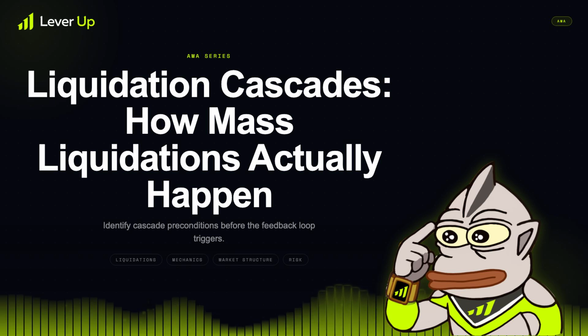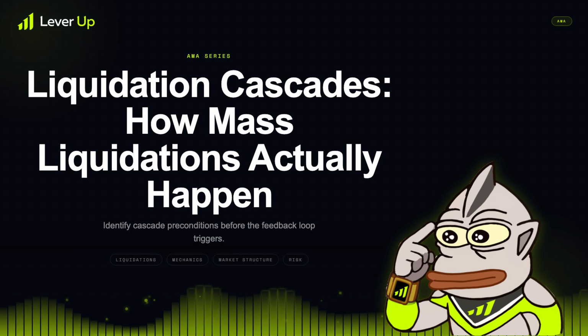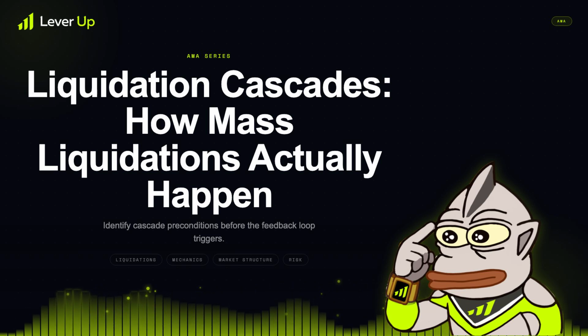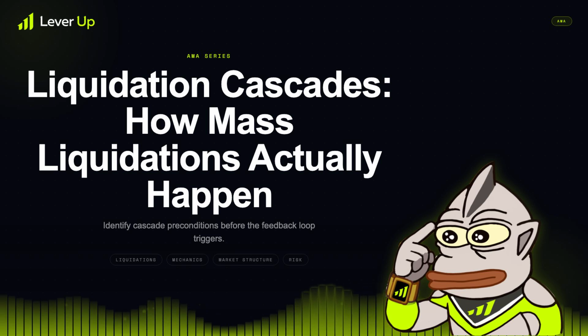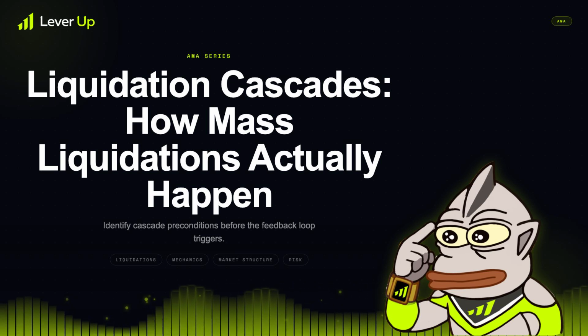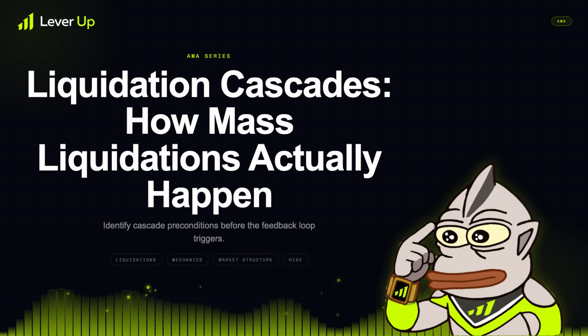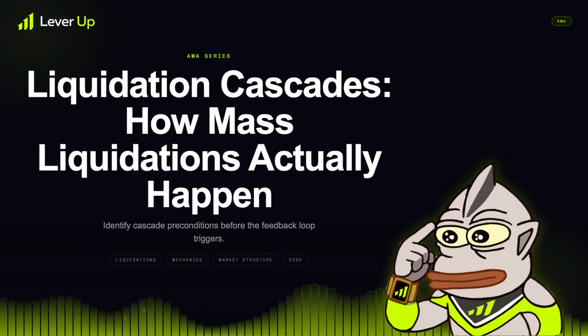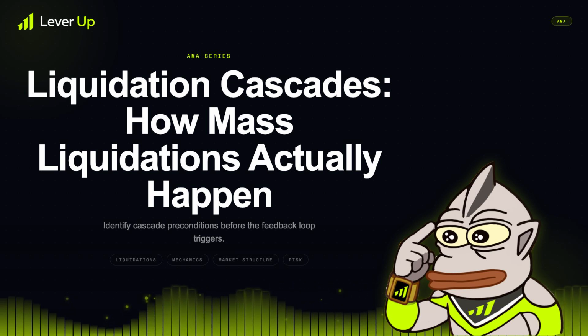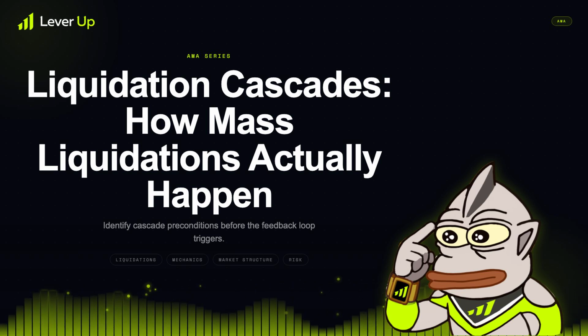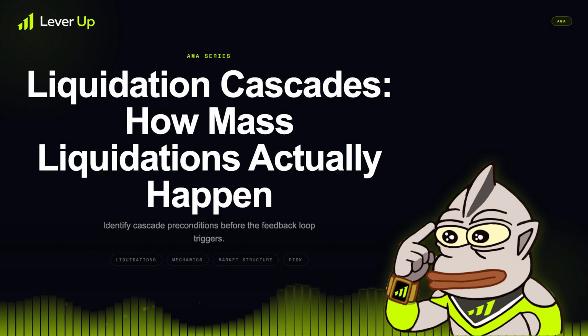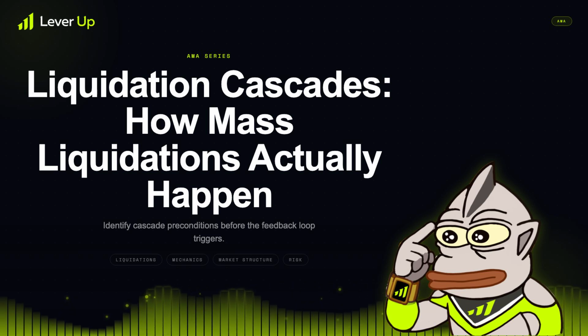Now let's talk about how protocol design interacts with cascade dynamics, because this is a meaningful structural difference across different venue architectures. On perp dexes built around external LP pools, cascade events interact with LP dynamics in a way that can extend the downstream risk.